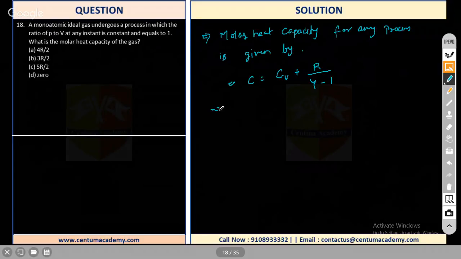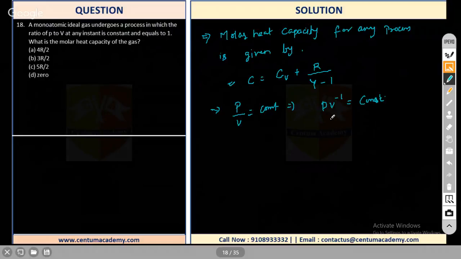Okay, so P by V is equals to 1, so constant, which we can write as P V to the power minus 1 is equals to constant.